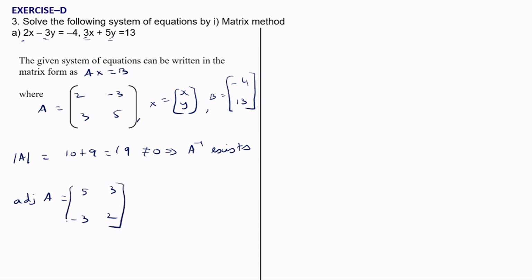This is adjoint of A. A inverse equals 1 by determinant of A into adjoint of A. So it is 1 by 19 into [5, 3; -3, 2].